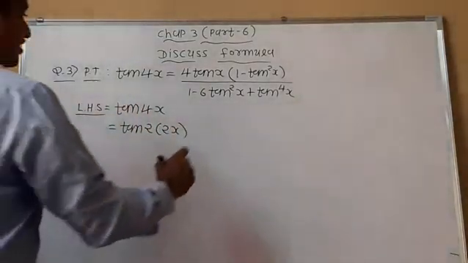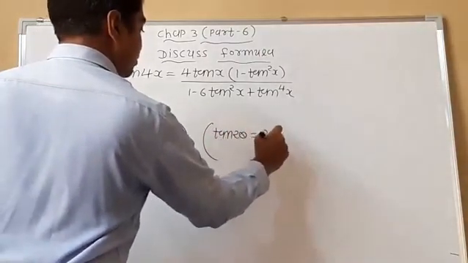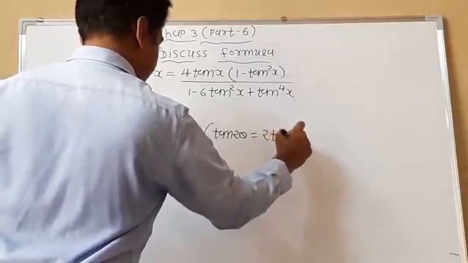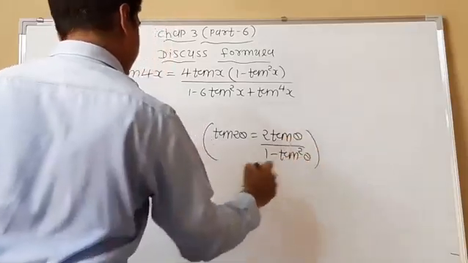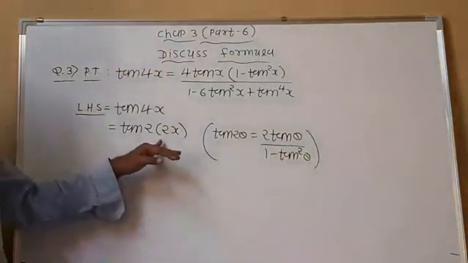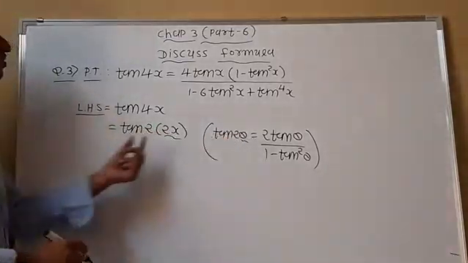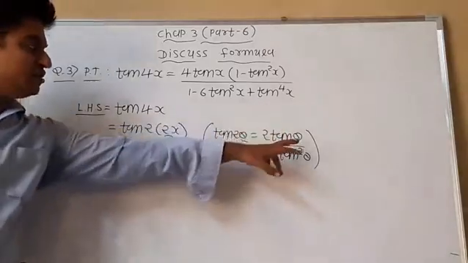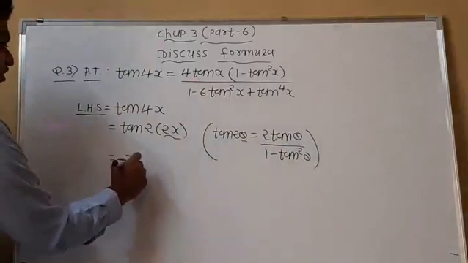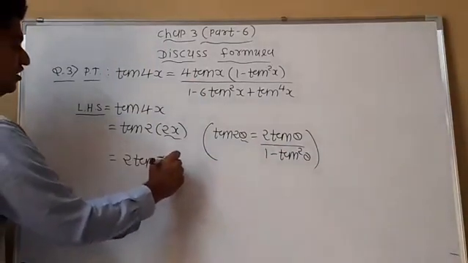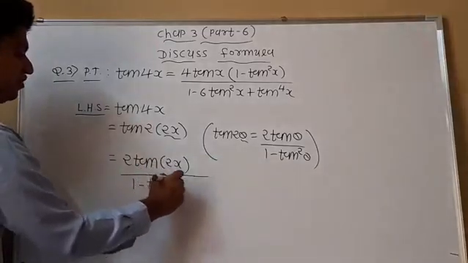Now we know that tan 2θ is equal to 2tanθ upon 1 − tan²θ. So using this formula, here 2θ in place of consider 2x, means in this equation θ in place of substitute 2x. So it is equal to 2 times tan(2x) upon 1 − tan²(2x).